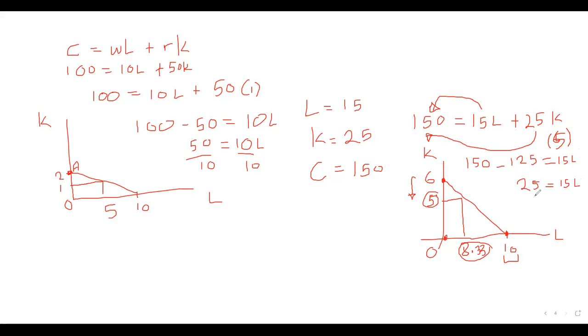What are we getting? 1.67. So 1 point 67, that's the correct answer here. We're going to get 1.67. Are we together? Are we all on board?